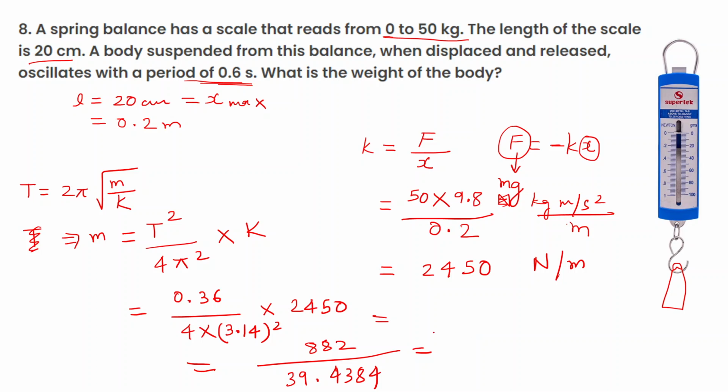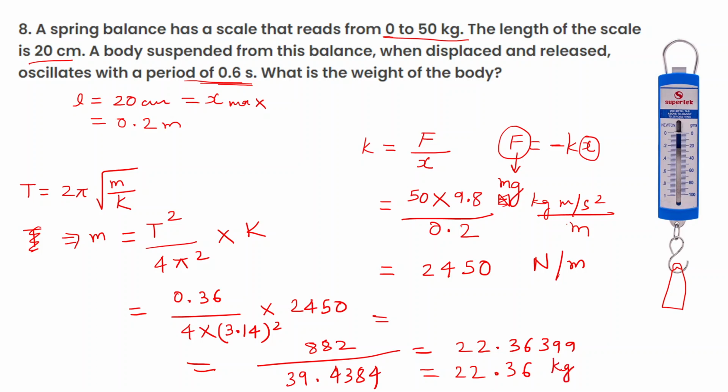So this value of mass will be 22.36399, but we'll take up to 2 decimal digits, so we'll get 22.36.